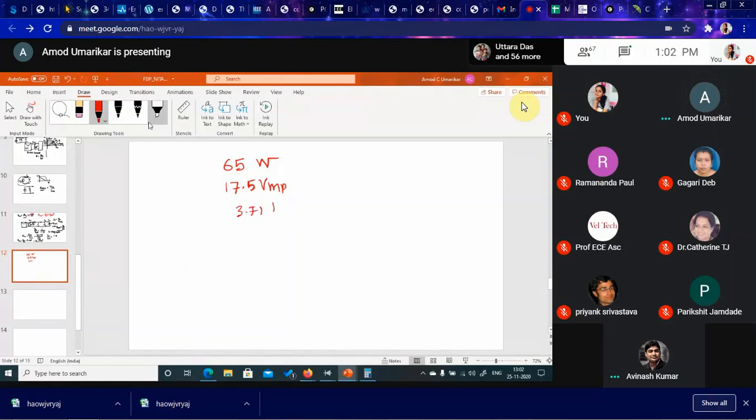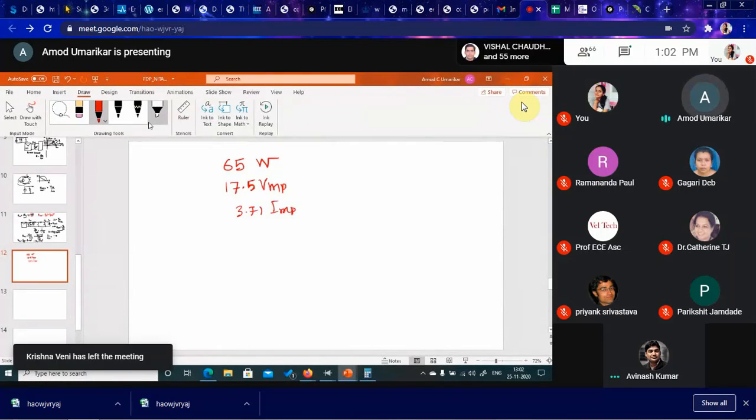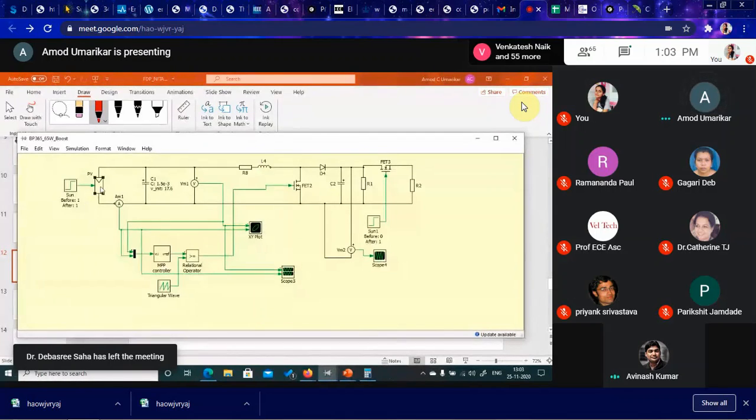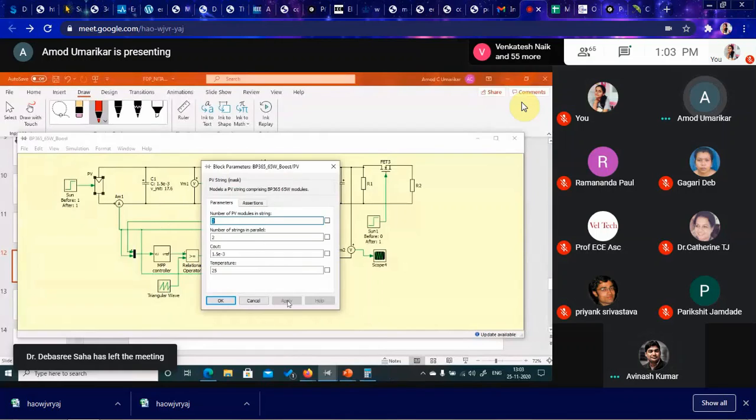So two of these 65 watt panels are connected in parallel, and that is what is done in this simulation. You can see this is a PV model, two connected in series and two in parallel. So the total MPP voltage is around 36 and the MPP current is around 7.6. So this is the PV panel.